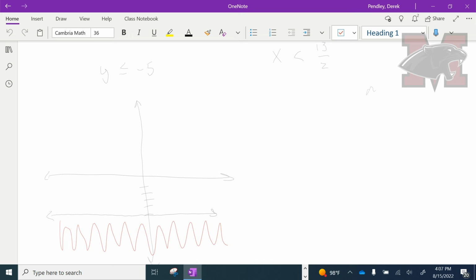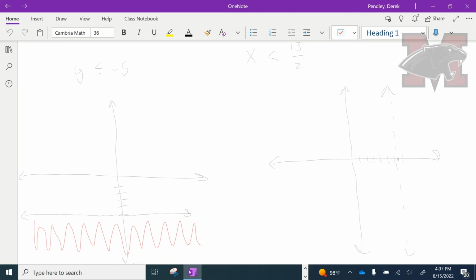So let's go over to this other inequality. 13/2 is 6.5. So I have a dotted line that is vertical at 6.5.